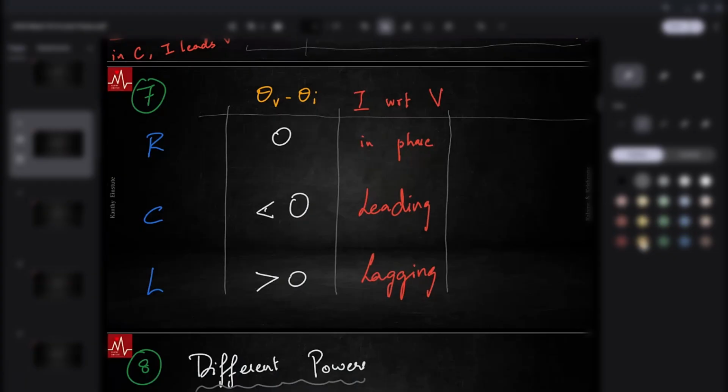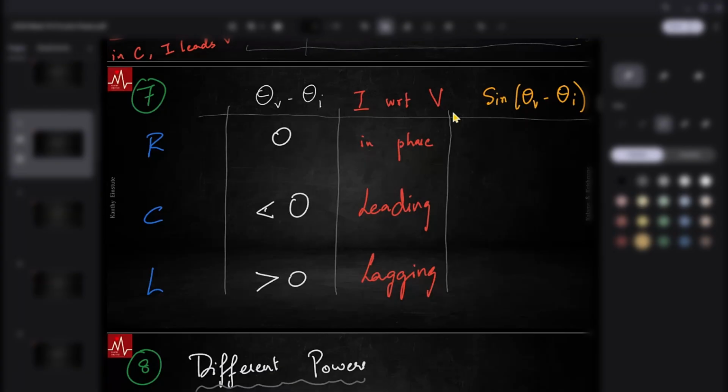So now I am going to write a new term here. This is theta V minus theta I. Now let's write down the power factor. No, let's not write down the power factor. Let's write down sine of (theta V minus theta I).